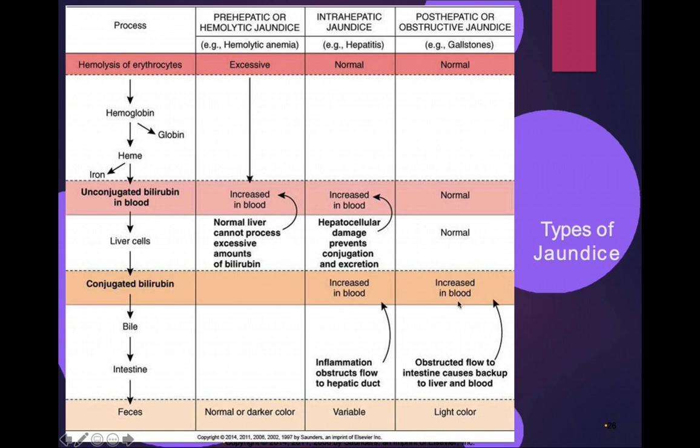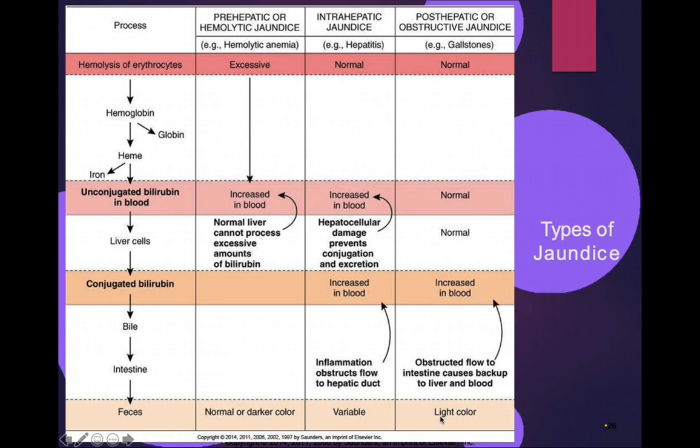We're trying to break it down and eliminate it through the bile into the intestines and then remove it, but there's some obstruction in the biliary system. So the obstructed flow to the intestines causes a backup to the liver and the blood. So now you've got the bile increasing in the blood. It can even back up a little bit into the liver.